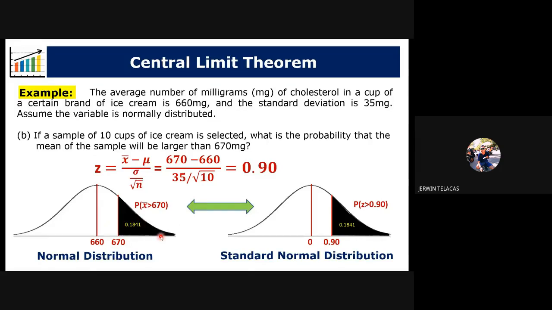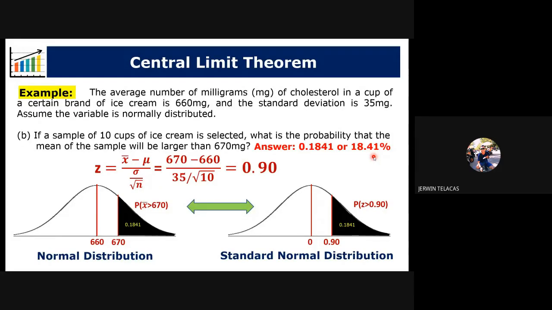And what does this mean? It says that the probability that the mean of the sample will be larger than 670 milligrams is 18.41%. So if we take 10 cups of ice cream and get the mean, the probability that the mean is greater than 670 milligrams is 18.41%.